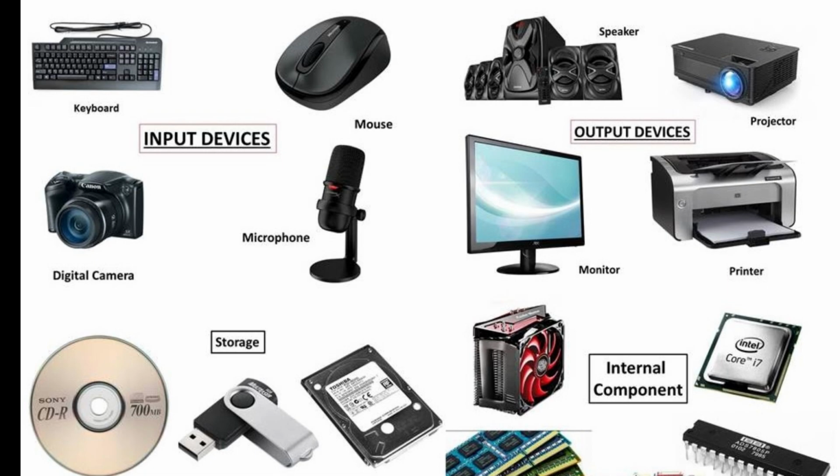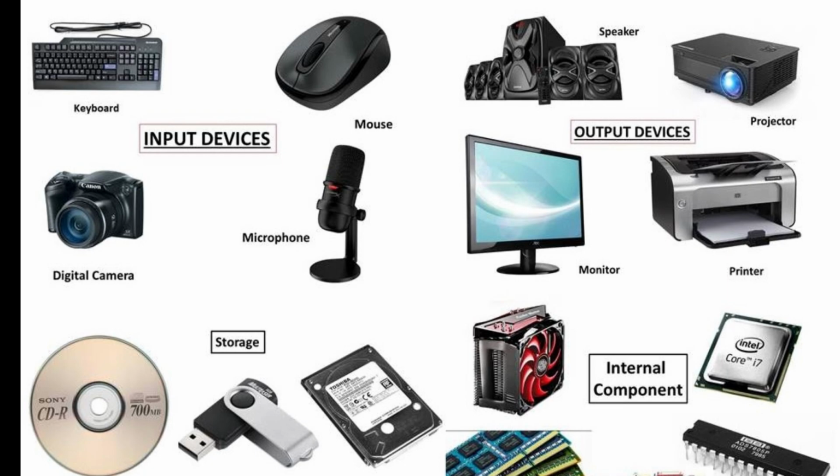Inside the central processing unit you have other devices like motherboard, processor and RAM, ROM, so many things are there. Then the output devices like monitor, printer, speaker, then the webcam, mic. All these things are physical devices of a computer and that is our hardware. That is, you can touch and feel it.